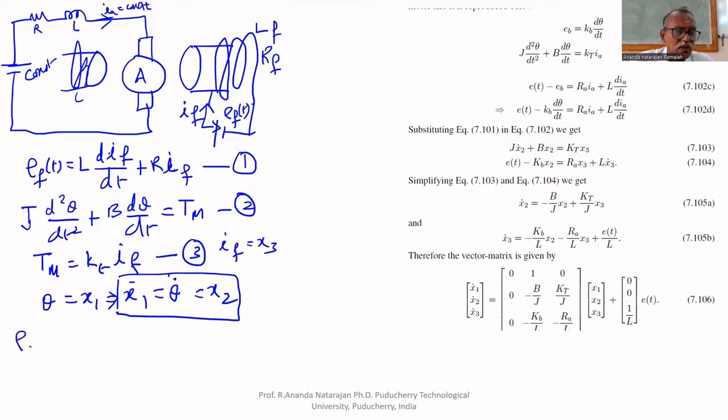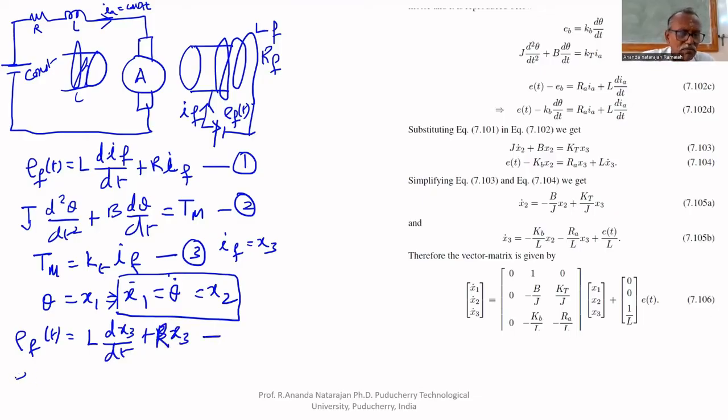So now substitute EF of T equal to L d x3 by dt plus R x3. That is one equation.